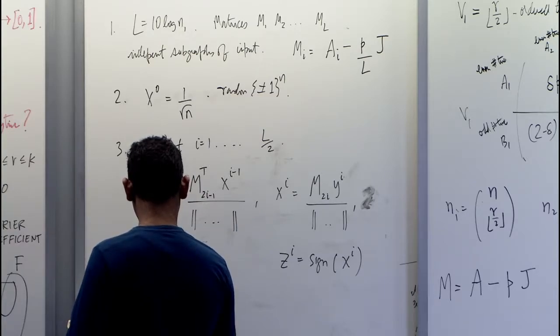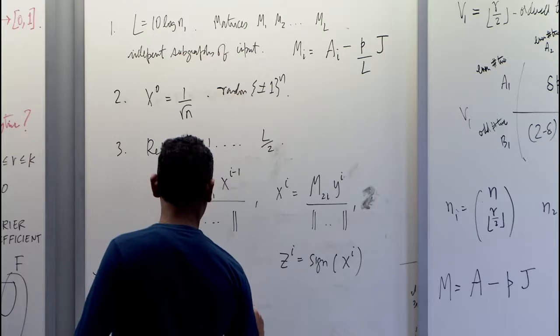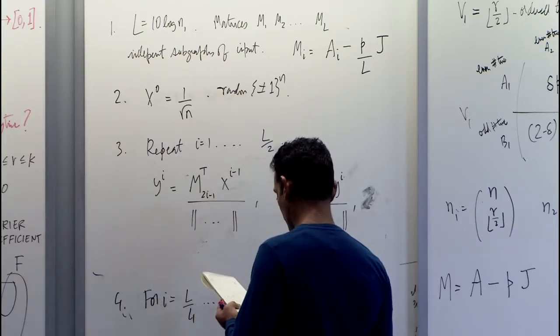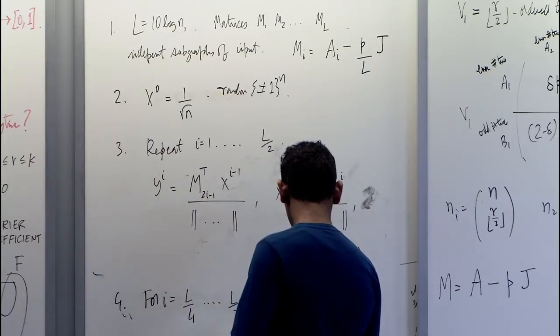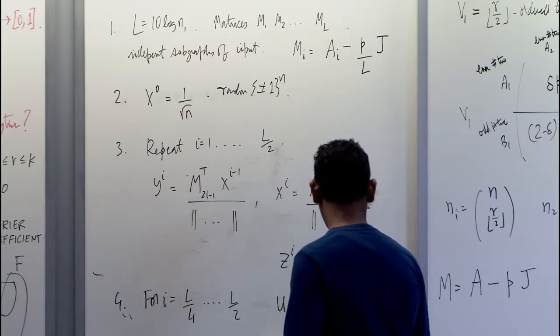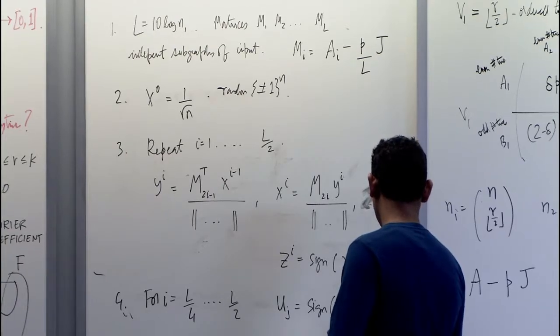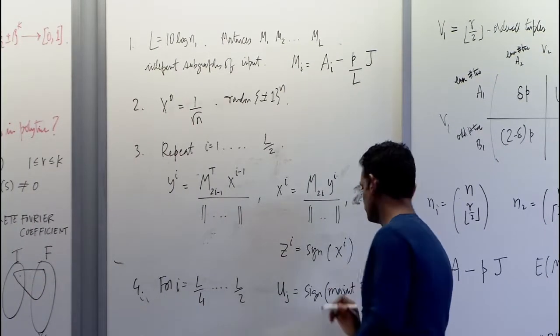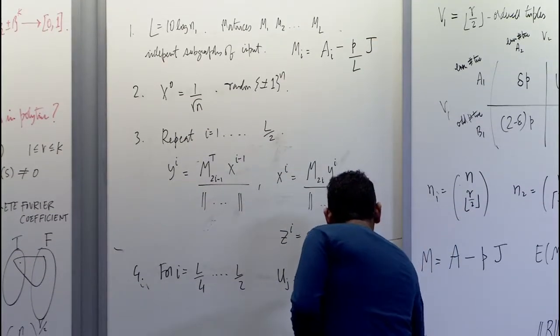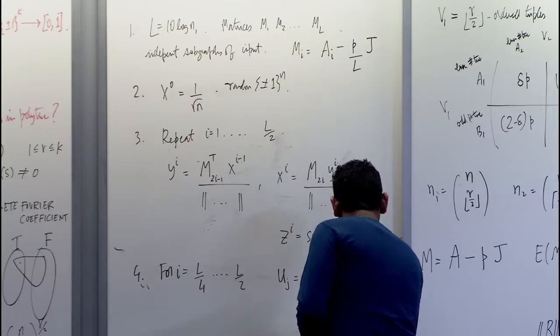For i equals L over 4 to L over 2, Uj is equal to the sign of the majority of the Zi's. So in other words, I can sum up the Zi's and take the sign of the sum of the Zi's.